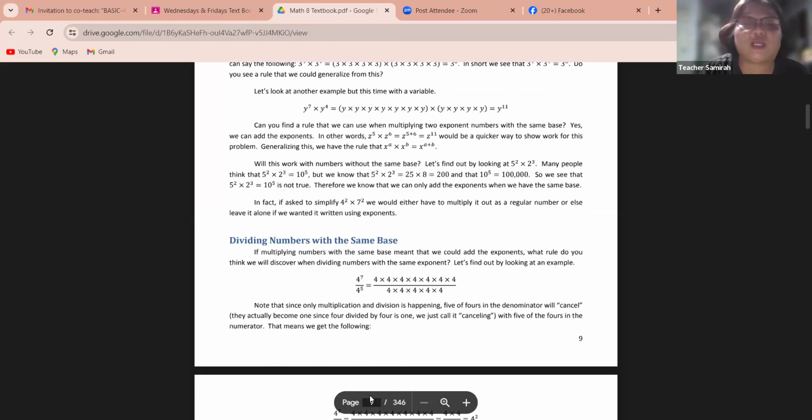We also learned earlier that when we encounter numbers having the same base, what we are going to do with the exponent is simply subtract. We subtract the exponent of the denominator from the exponent of the numerator, considering that the numerator's exponent will be bigger than the exponent of the denominator.